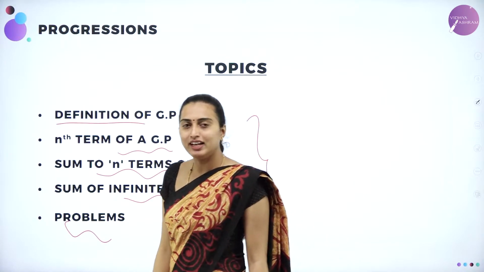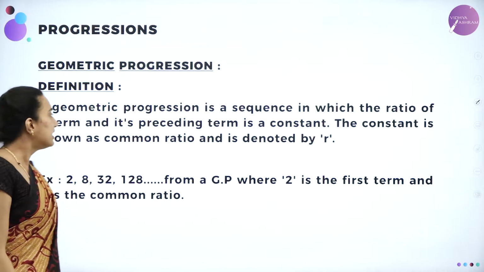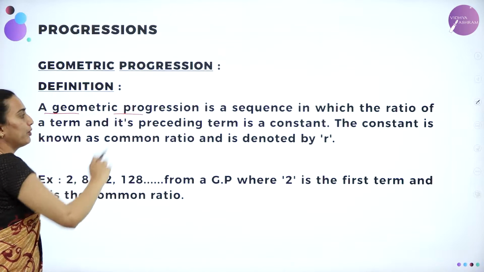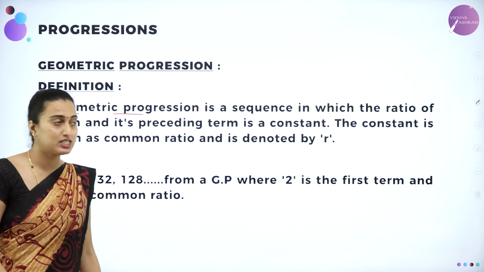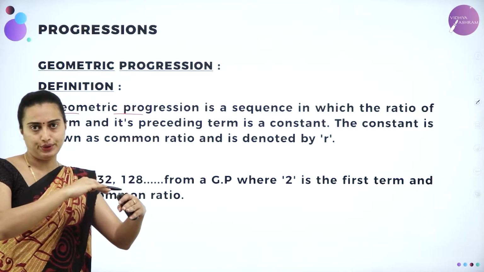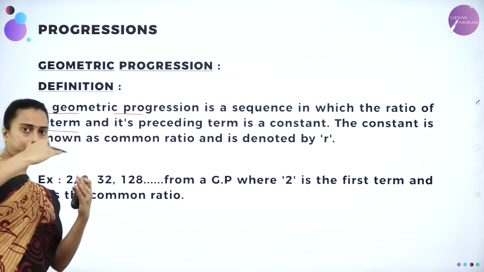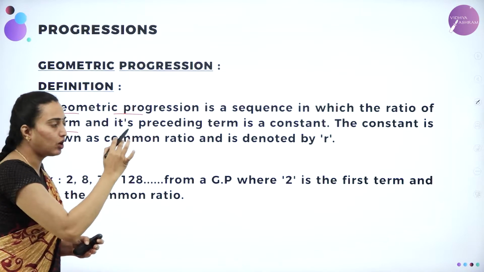So now let us move on to the definition of GP. A geometric progression is a sequence in which the ratio, that is A by B, of a term and its preceding term is a constant.